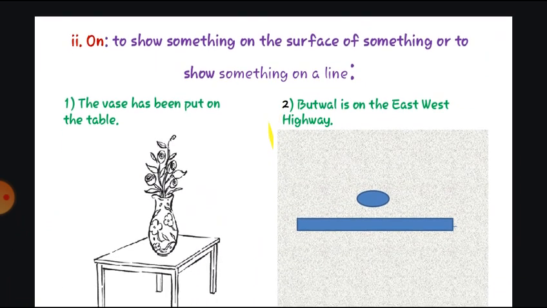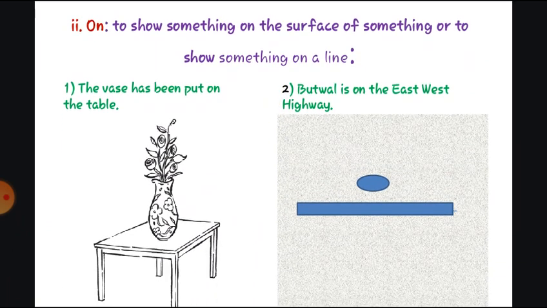So you should learn from these two examples about on. On is used to show something on the surface of some other thing. If something is kept on the surface of another thing, then on as a preposition is used. So this is about one use of on.